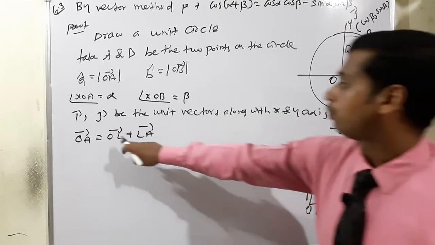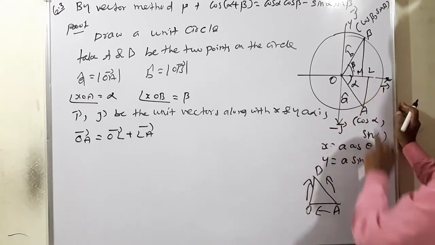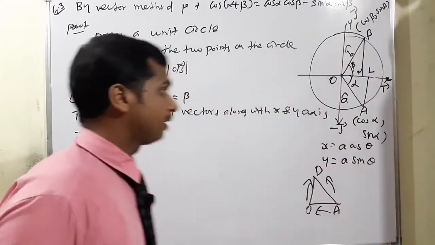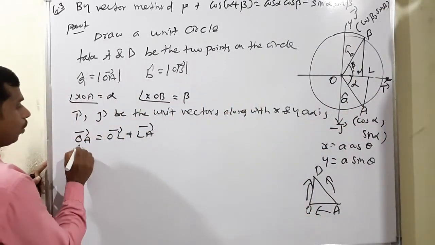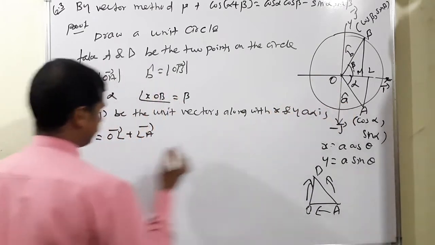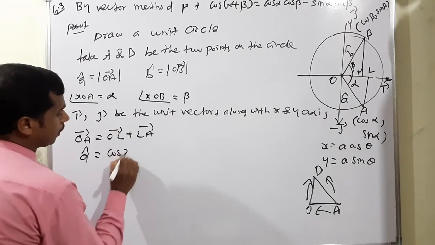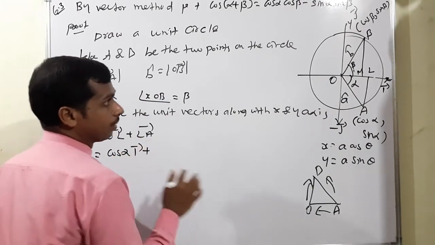What is OL vector? OL vector is along the x-axis, isn't it? Its value is cos alpha, but as a vector we consider i vector. So A cap is equal to OL, which is cos alpha i vector, plus LA.